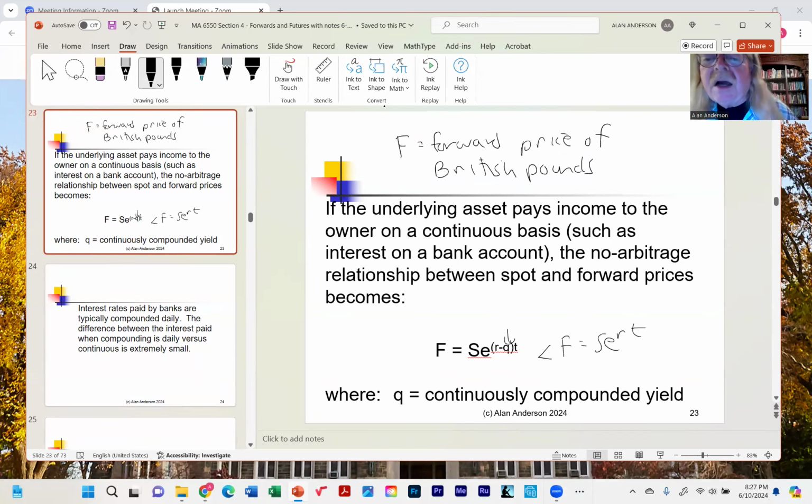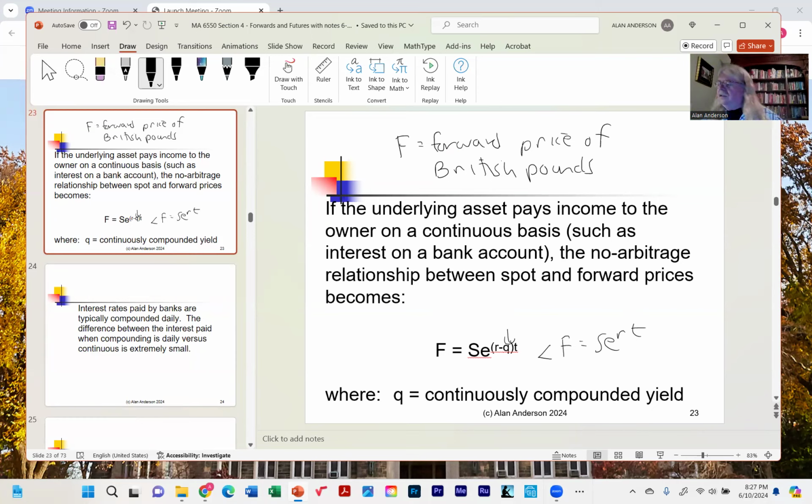So that's why the model has to be adjusted to show that this position is less valuable than the position I had with gold, because with the gold, I'm not giving up the opportunity to earn any interest or anything like that. But here I am. So that's why that Q is there. And it could be anything. It could be any kind of cash flow that I might earn from this asset S. So that's why we have that Q there.